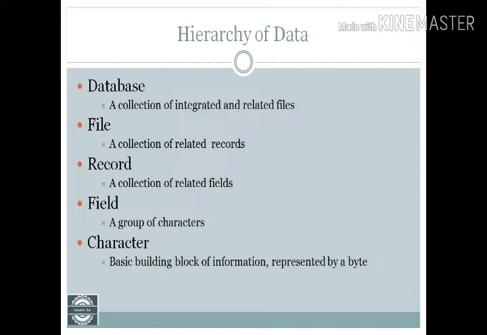A group of characters which a tabular cell value can fulfill is a field. The record is a collection of fields. A file is a collection of records. And at last, the database is the collection of all related files.